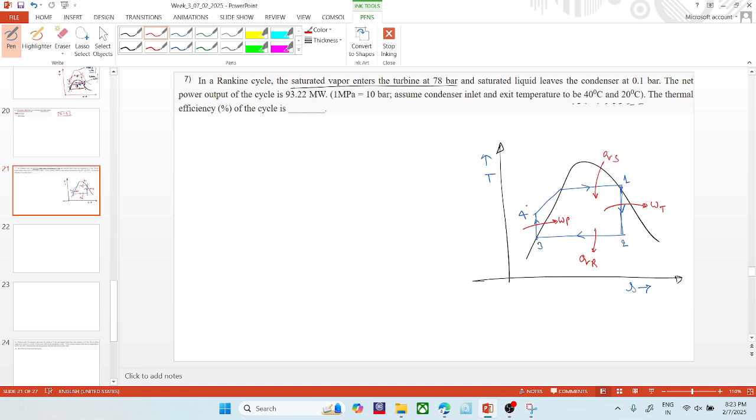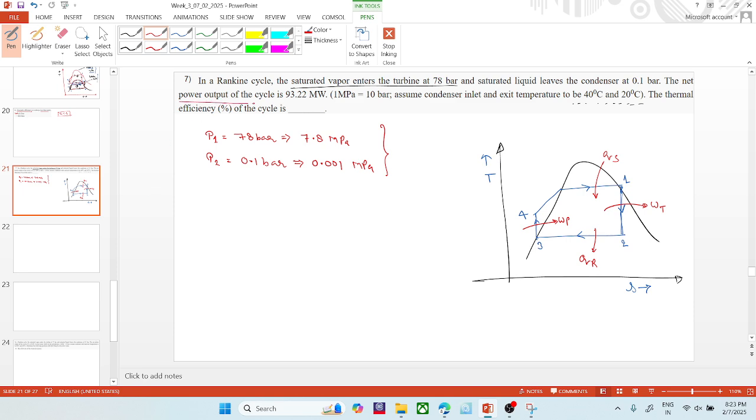Two pressures are there: pressure P1 is 78 bar, which would be equivalent to 7.8 megapascal. Pressure P2 is 0.1 bar, which would be equivalent to 0.001 megapascals. So these things are provided.